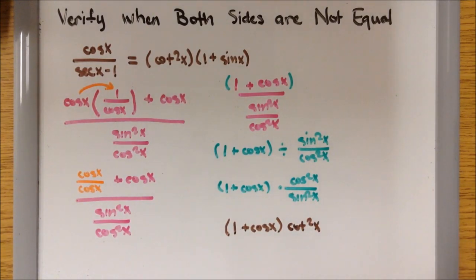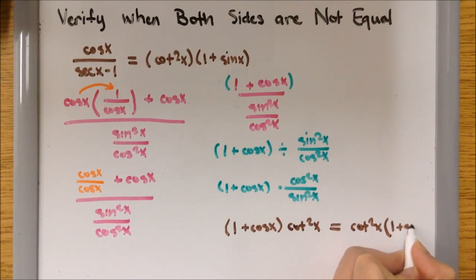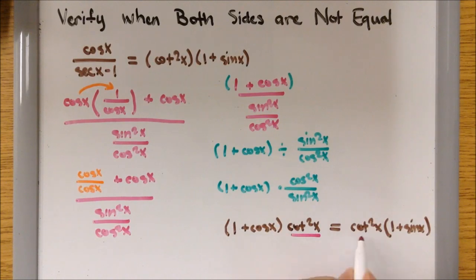Now I'm going to double check with the right side. Now it says that the right side was supposed to equal cotangent square x times 1 plus sine x. Now I see that we both have cotangent square x, but the only thing different inside the parentheses is the cosine x and the sine x on both sides.